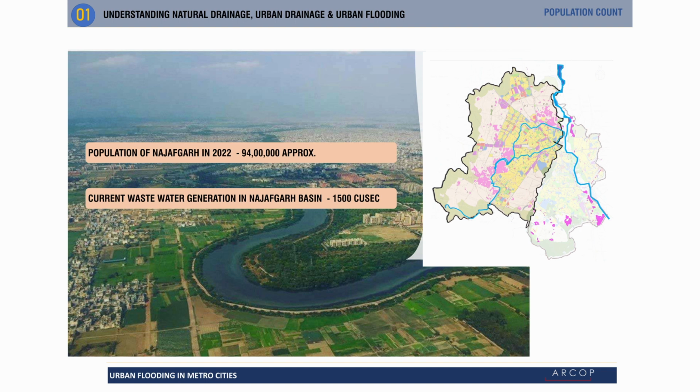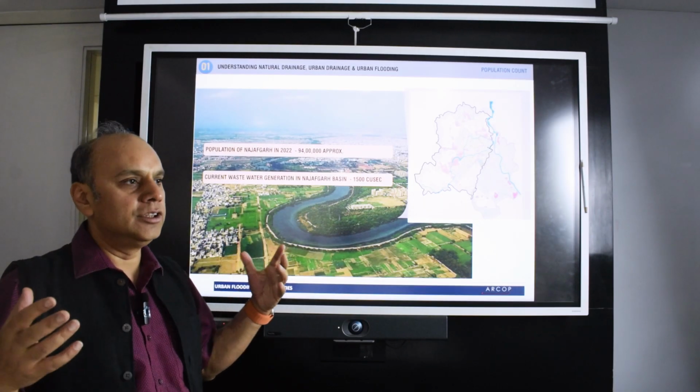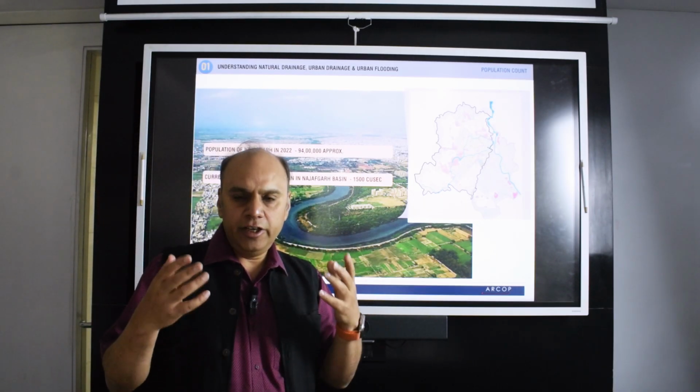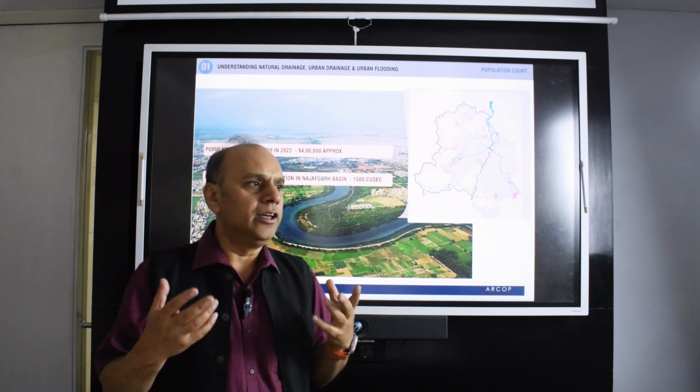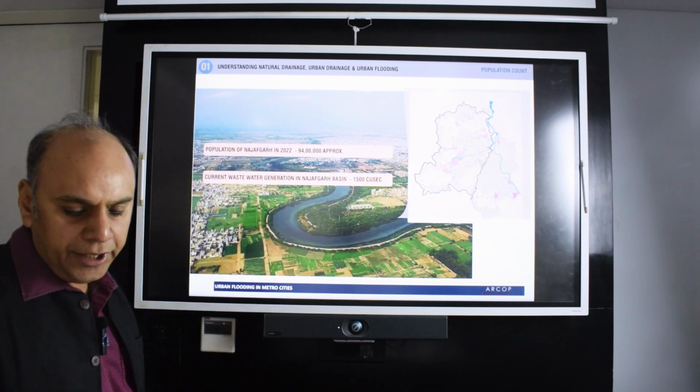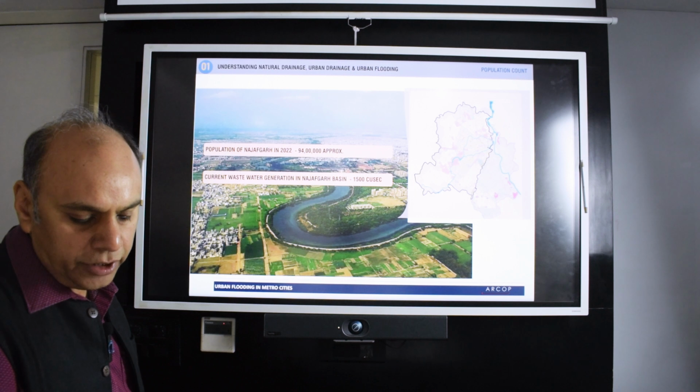So 10 million people, as per statistics, generate wastewater, which is what they use for domestic consumption, of around 1500 cusecs, which means that out of the capacity of the Najafgarh drain, which is 10,000 cusecs, 1500 cusecs is daily coming in because of the human wastewater created.